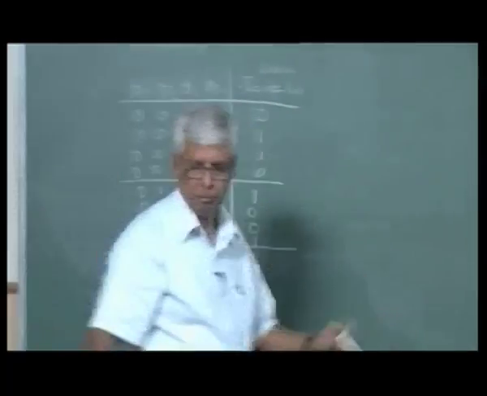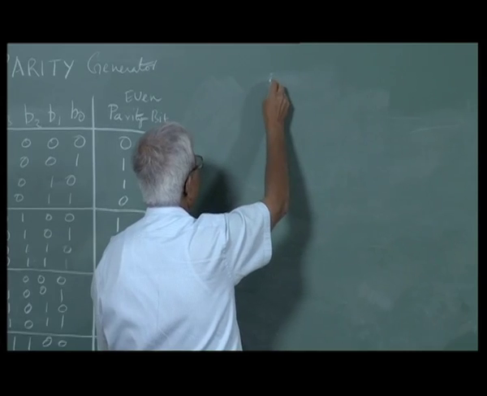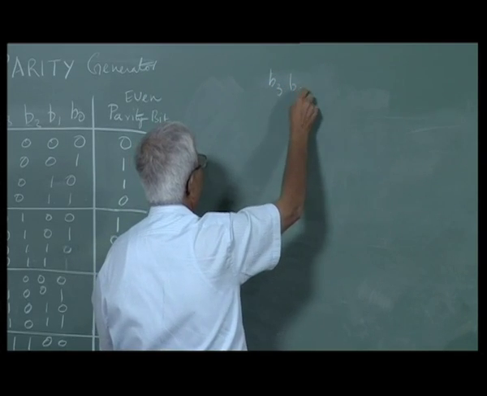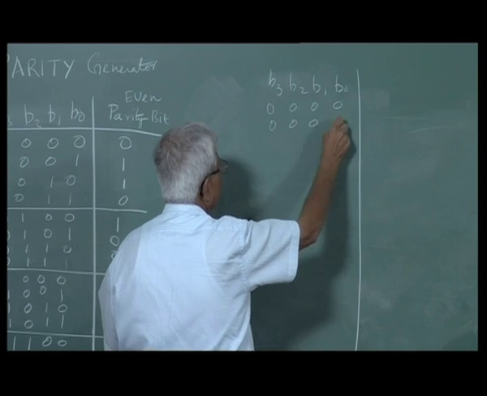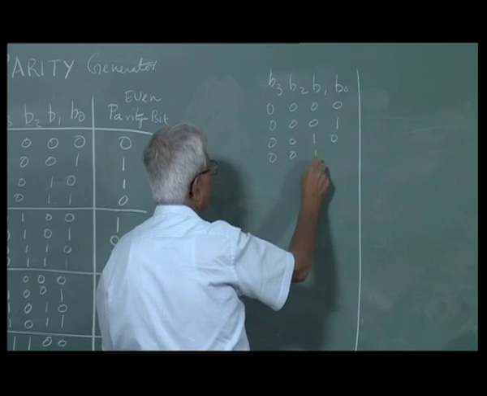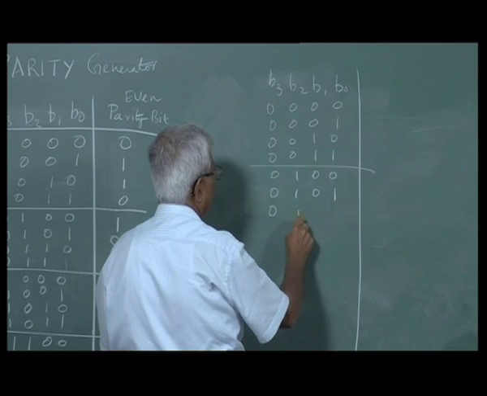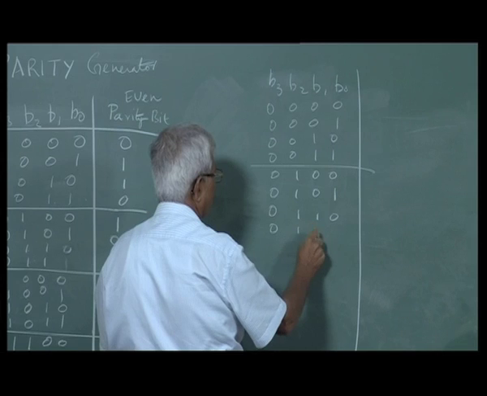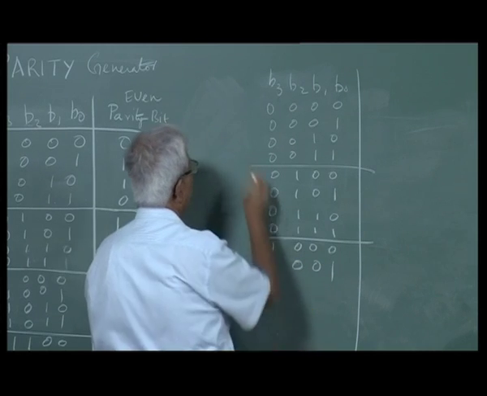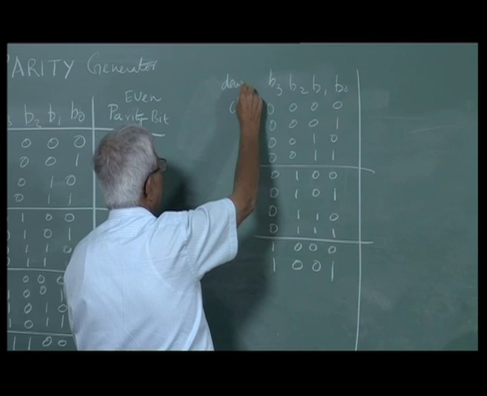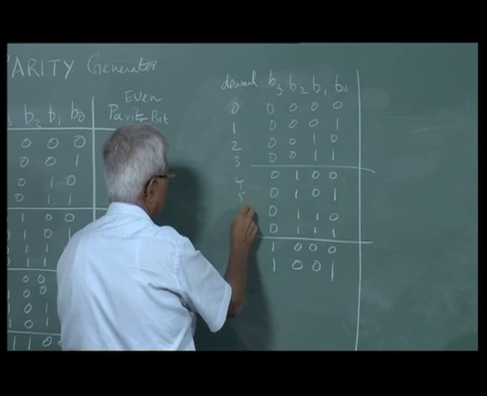So I am going to represent 0 to 9. 0 to 9 is binary 0, this is 0 decimal number. That is all I need.